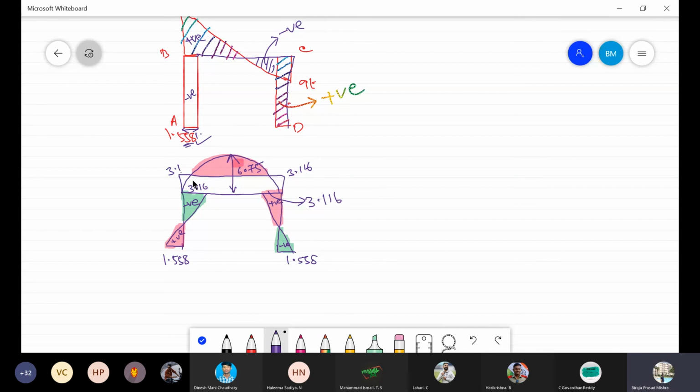So now we'll take another problem. Let me see which problem we can take. So likewise, you need to plot the shear force and bending moment diagrams for the different frame members.